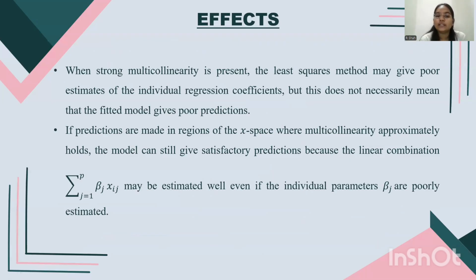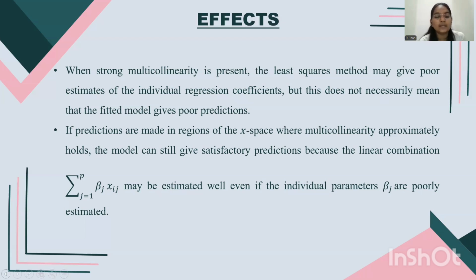When strong multicollinearity is present, the least squares method may give poor estimators of the individual regression coefficients. But this does not necessarily mean that the fitted model gives poor predictions. That means that when multicollinearity is present in the least squares method, it may give poor estimators of the individual regression coefficients, but it is not necessary that the fitted model also gives poor predictions, right? It is just for individual regression coefficients, not about the model.